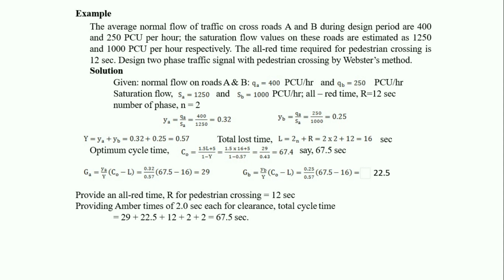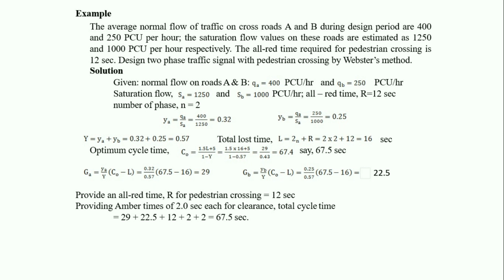So we have to find the ratio, small yA, that is flow divided by saturation flow at road A, that is QA divided by SA, equal to 400 divided by 1250. We get a value of 0.32, and for yB similarly, it is QB by SB, not QA by SA, equal to 250 divided by 1000. We will get a value of 0.25.